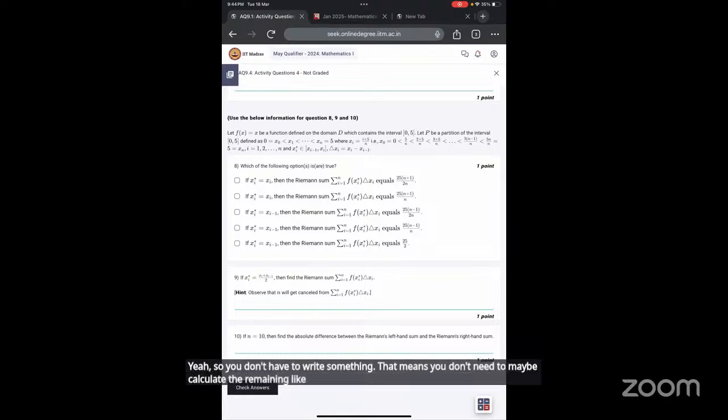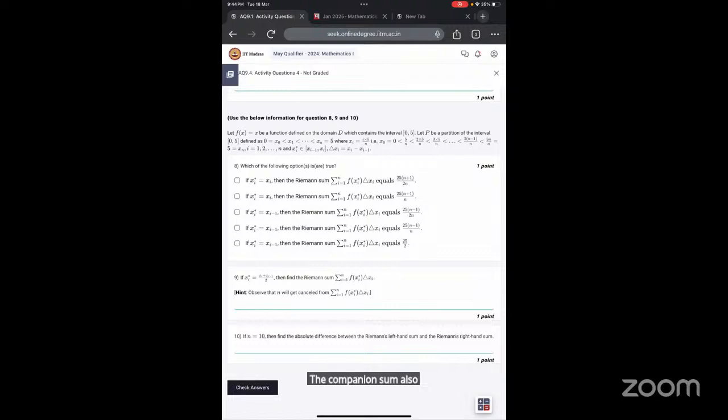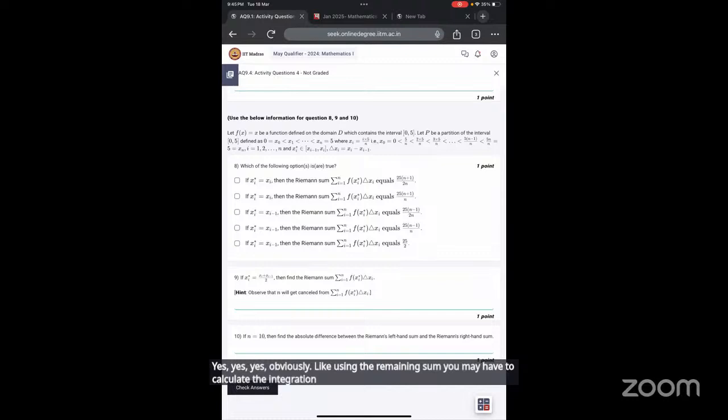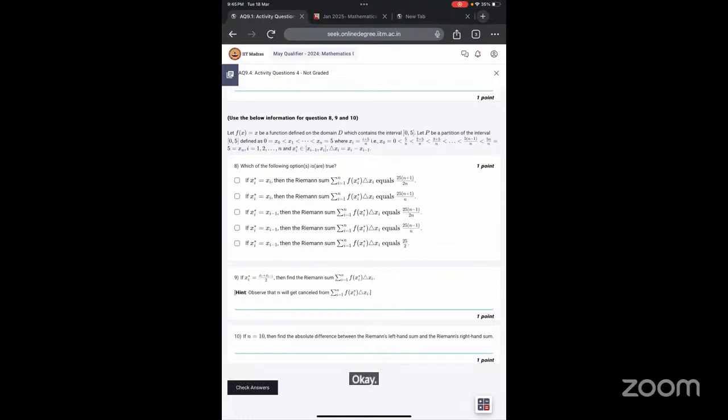I don't think there will be questions directly from the Riemann sum, but there will be questions from integrations. Riemann sum also is coming regularly in the term, madam. Yes. Obviously, using the Riemann sum, you may have to calculate the integration of some curve. You can do it, right, using the partition norm of p tending to 0. Okay, correct.